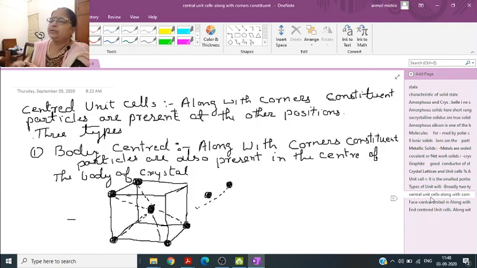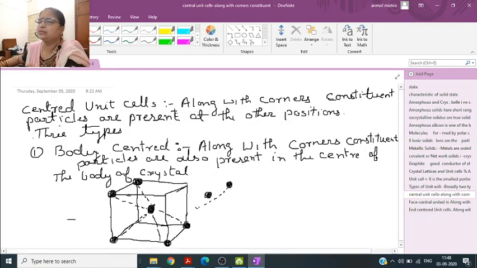Now the second type is the centered unit cell. In a centered unit cell, along with the corners, constituent particles are also present at other positions. They are of 3 types. Number 1, body centered. Along with the corners, a constituent particle is also present in the center of the body of the crystal.